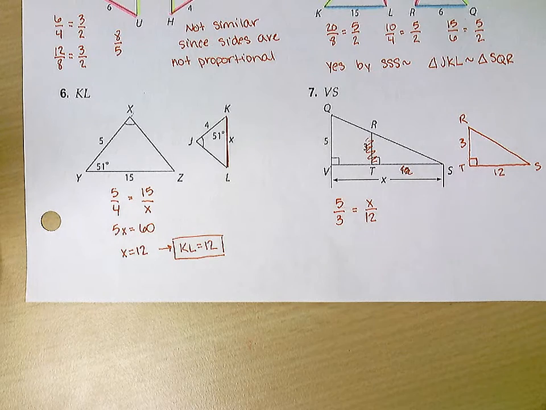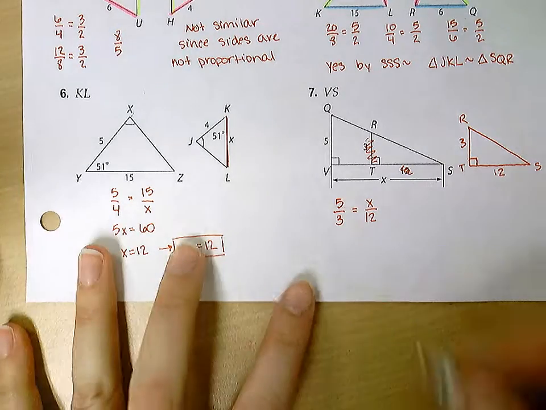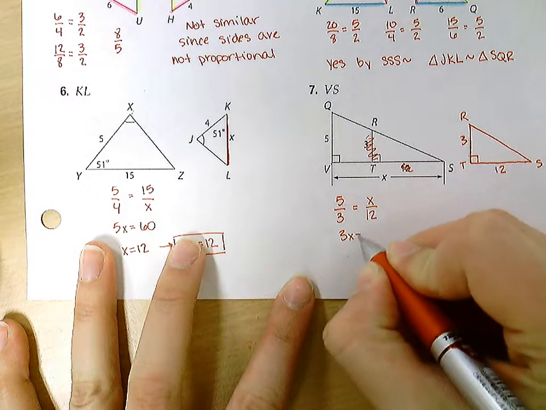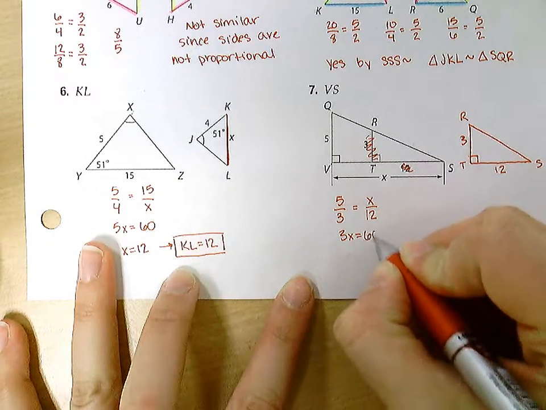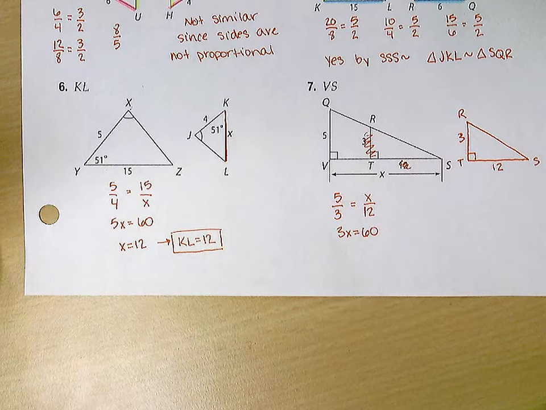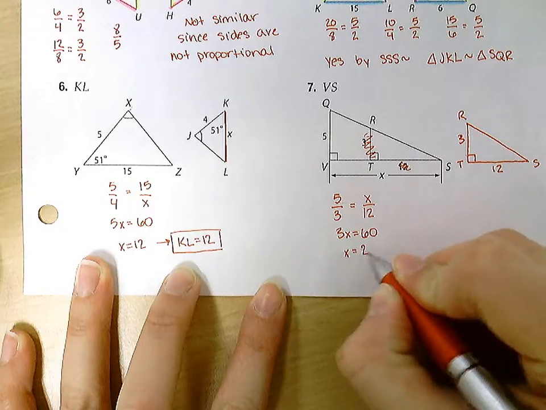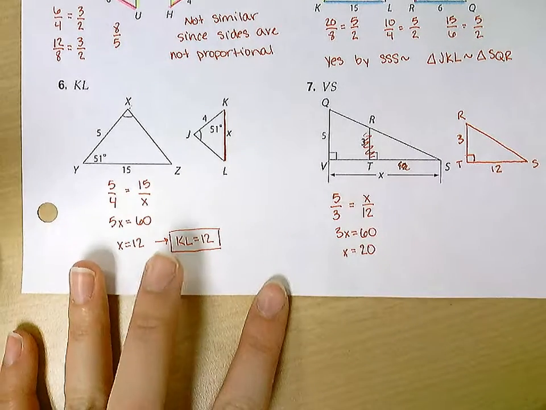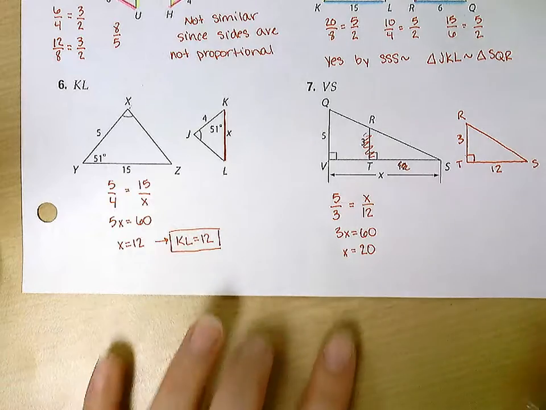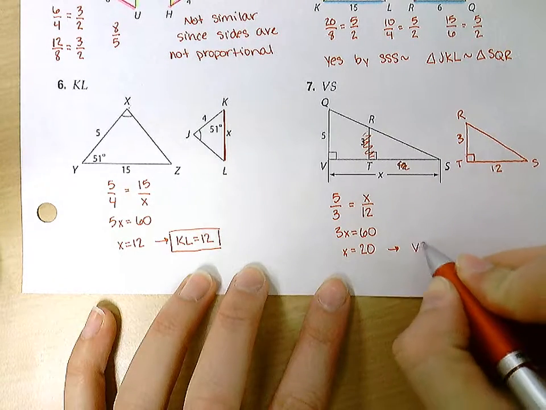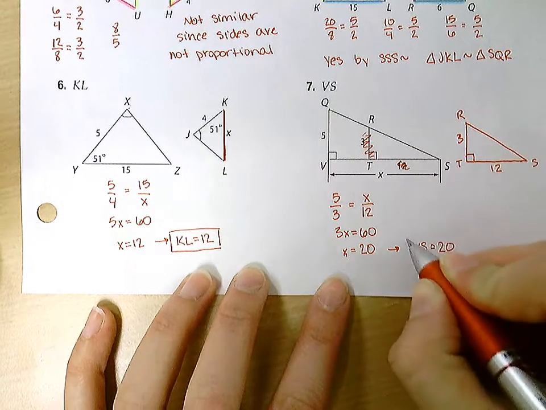Okay, so from here again, all you have to do is cross multiply. To get 3x is equal to 60. Divide by 3. Get x is equal to 20, meaning VS is equal to 20.